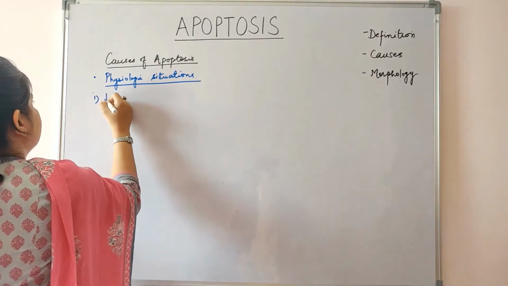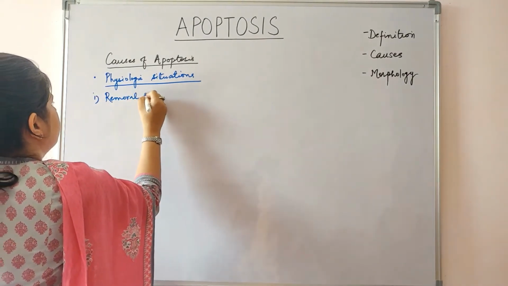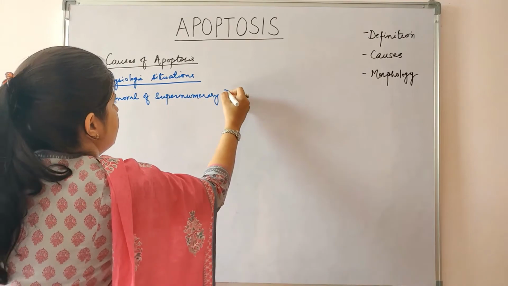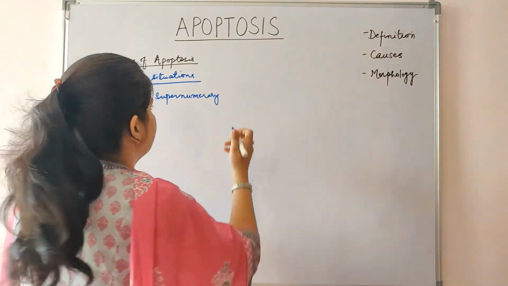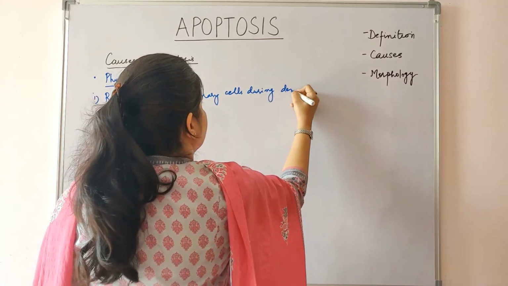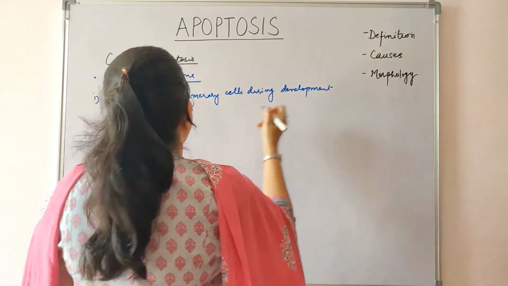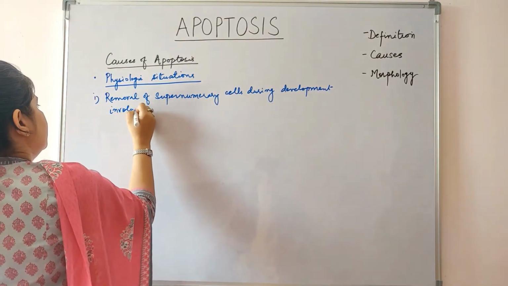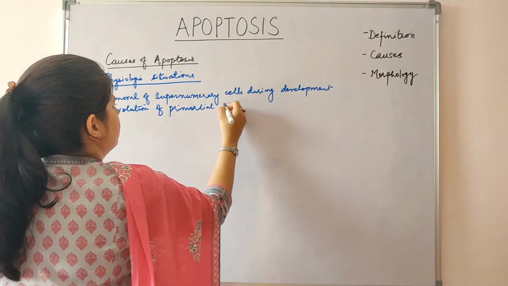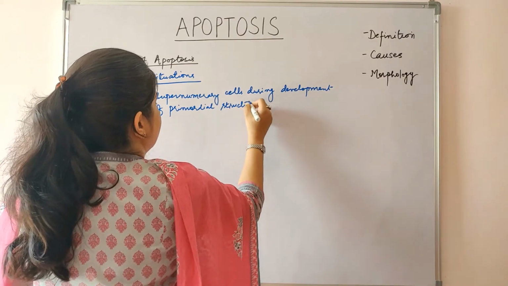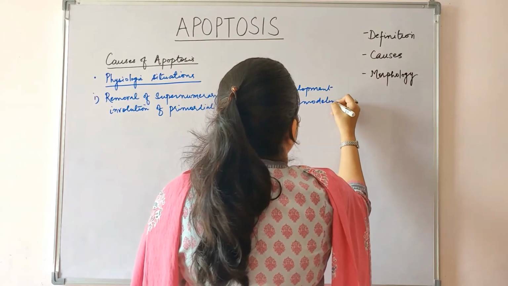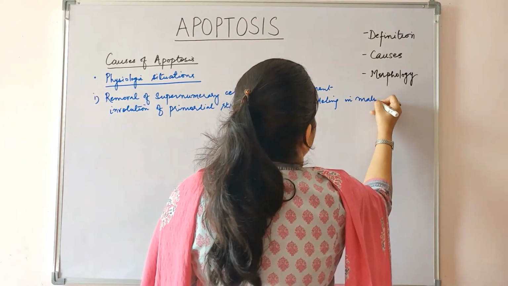So first is the removal of supernumerary cells, the cells which are present in excess of the required number during development. In this there is involution of primordial structures, and during remodeling in maturing tissues.